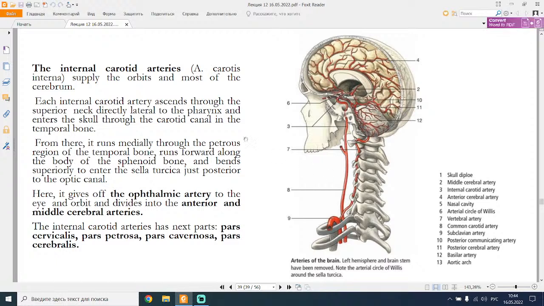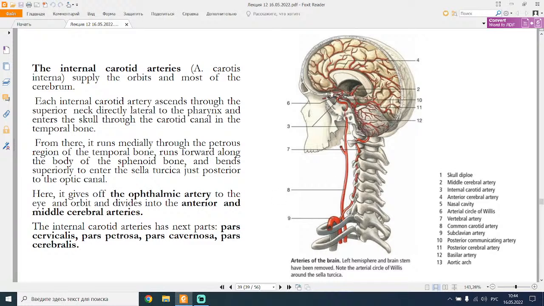Here it gives off the ophthalmic artery to the eye and orbit, and divides into the anterior and middle cerebral arteries.